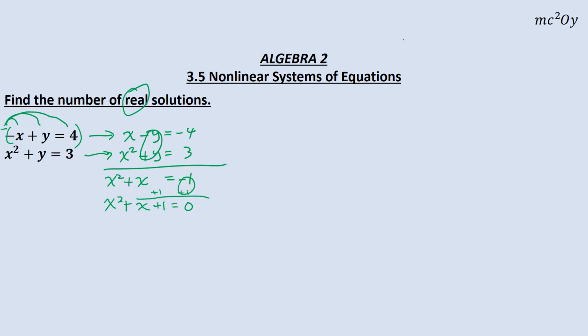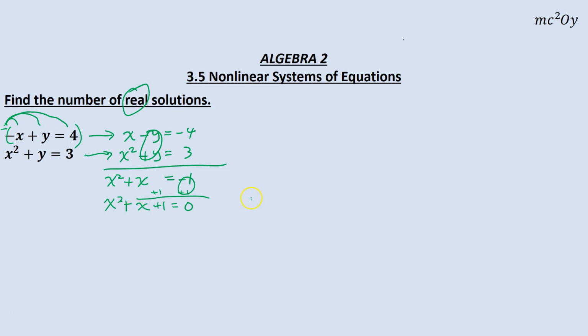And now I look at that, and I can't factor it, so I have to use one of my strategies: completing the square, factoring, graphing, quadratic formula. Well, I can't factor, I don't want to graph, I can't use square roots because I have a b term, and completing the square would be tough because my b term is 1. Nice for that to be even, so it leaves me with quadratic formula.